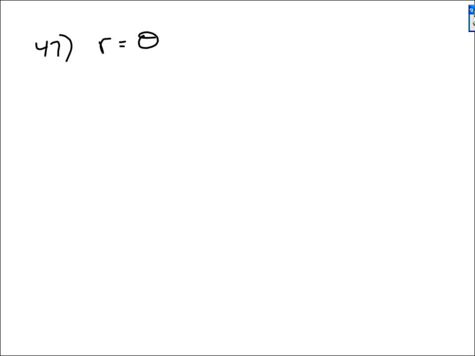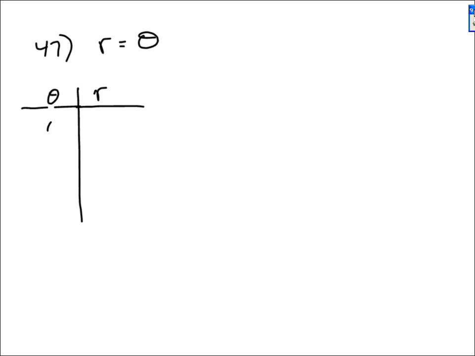R is equal to theta. Okay? So let's see what's going on. We have R, we have theta. R and theta.